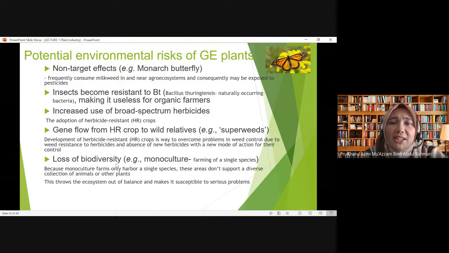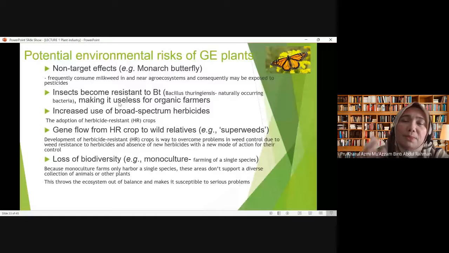Maksudnya butterfly ni get affected. Dia guna weed tu, maksudnya pesticide tu untuk control pest lain. Tapi sebab butterfly tu pergi makan, minum kat situ, so dia also get affected by the pesticide or herbicide. So itu contoh dia lah monarch butterfly.